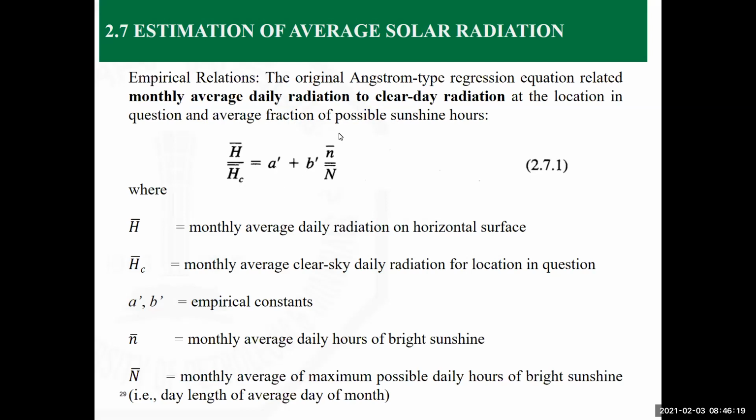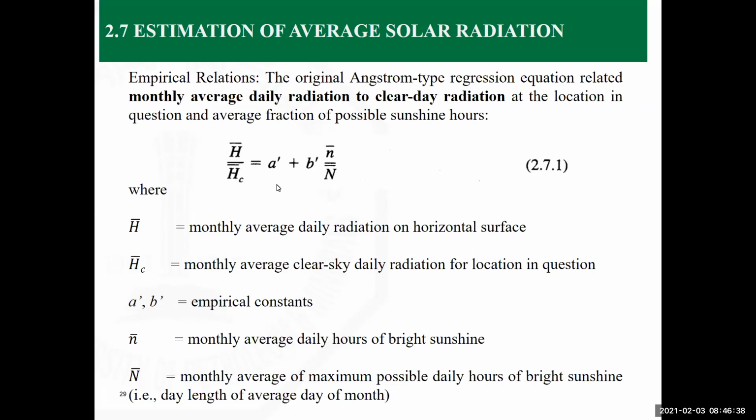Small n here represents the number of hours in a day where the sunshine is above a certain threshold, and capital N here is the monthly average of the maximum possible daily hours of bright sun. And we have ways to calculate each one of these.